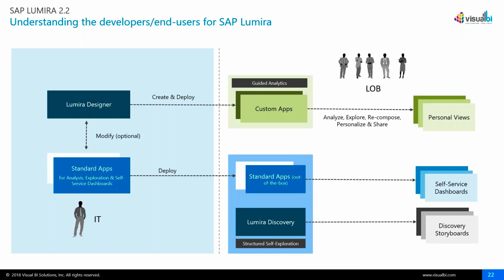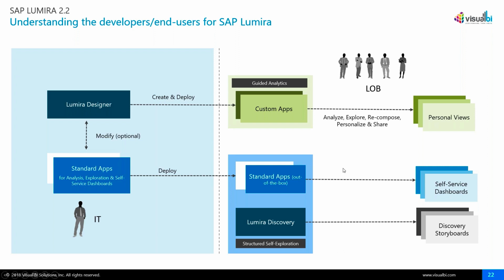Another consideration point for customers is the type of user who's going to be using the tool. For example, if you want to give more power to end users, your line of business users, and you want to allow them to use any data source they want, spreadsheets, SQL queries, BW queries, HANA views, and you want to give them options to manipulate the data before they use it. So create their own calculations or modify the data a little bit.